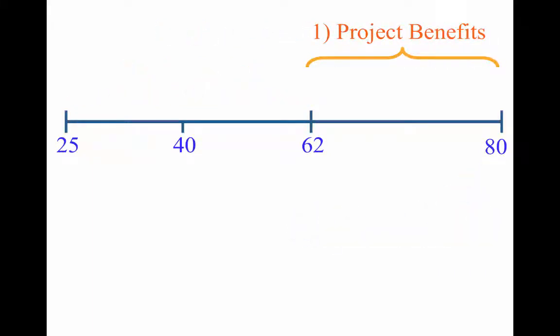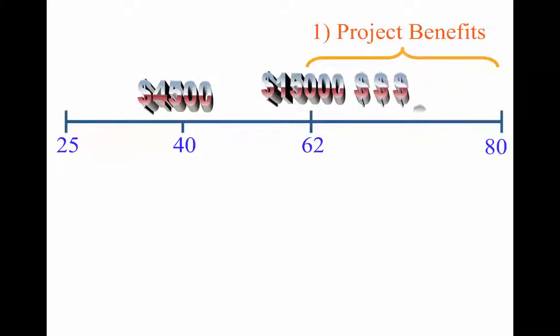So you're projecting these benefits for the year that they retire, and then the following year, and the following year, and the following year. In this case, 18 years. In this example, you're going to project what their benefit payments are going to be. And so you know how much the benefit payments are right now.